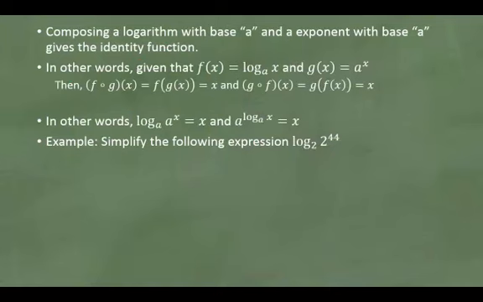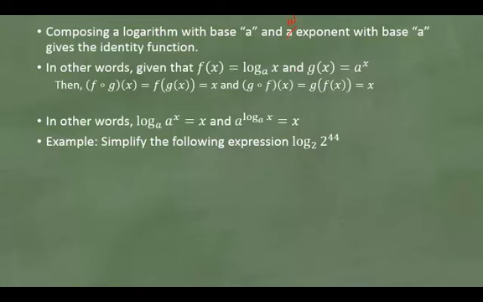Composing a logarithm with base a and an exponent with base a gives the identity function. So if you compose two functions with the same base, then you should get the identity function.